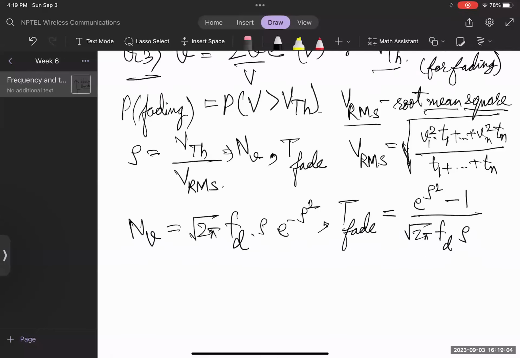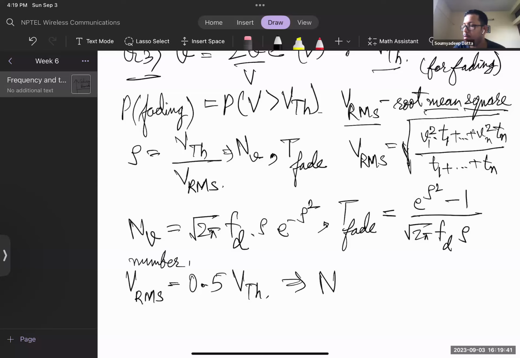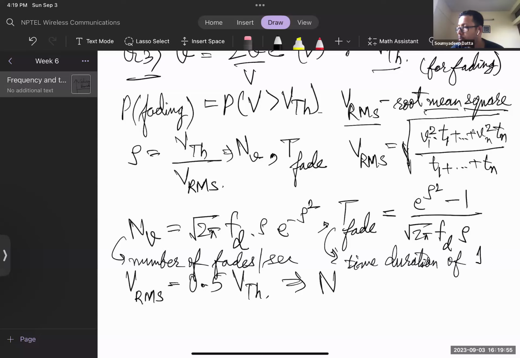So you can solve a small problem. Let's say you are setting VRMS to be 0.5 times V threshold. You are choosing this value of VRMS. Then you are asked to compute the number of fades per second, and the time duration of one fade.